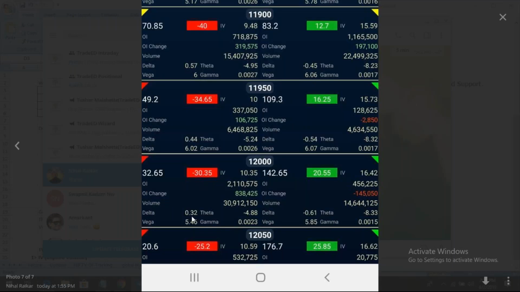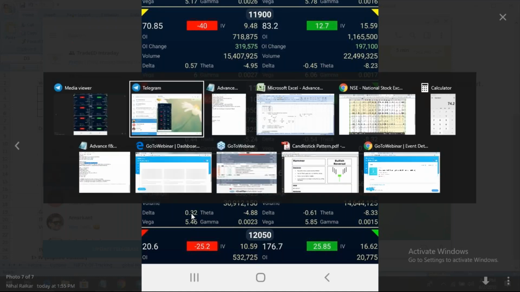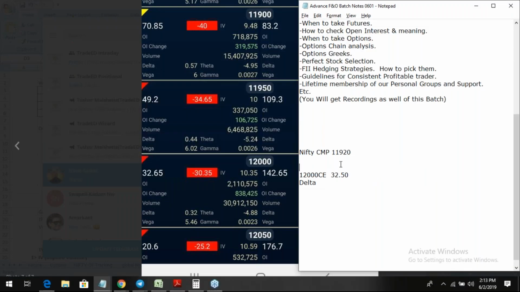Now, if Nifty goes to 12,000, you bought the 12,000 call and Nifty goes 80 points up, what is the delta? 0.32, right? So what will be my premium rate?